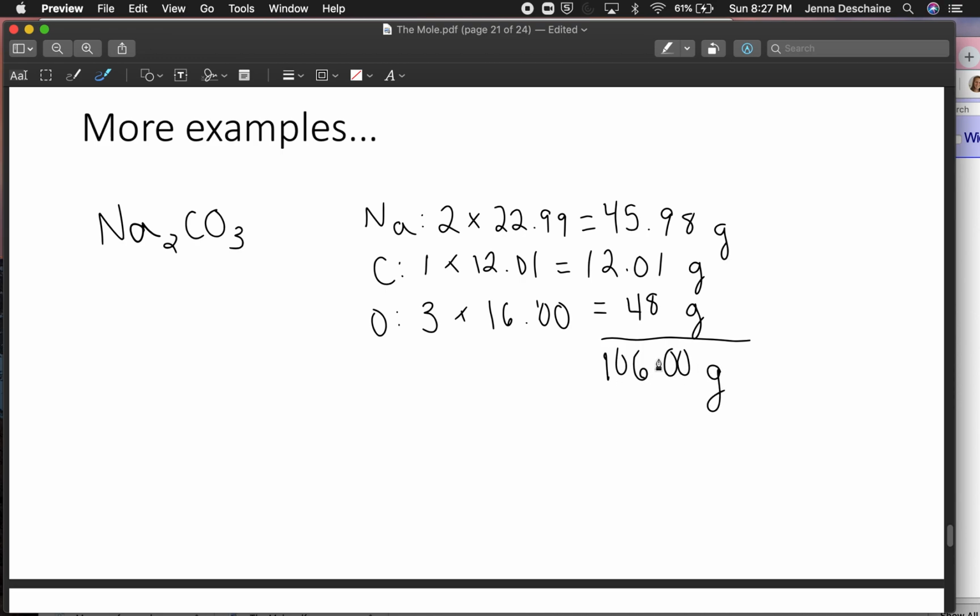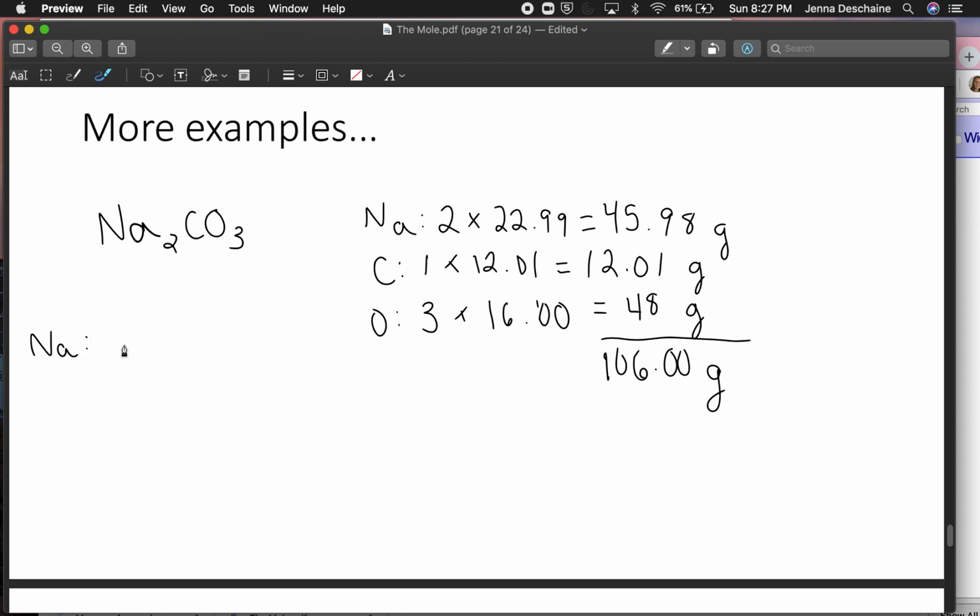Just like that. All right, so this is the whole right here, and these are the parts of the whole. So now I'm going to find the percent composition of each of the elements in the compound, starting with sodium.